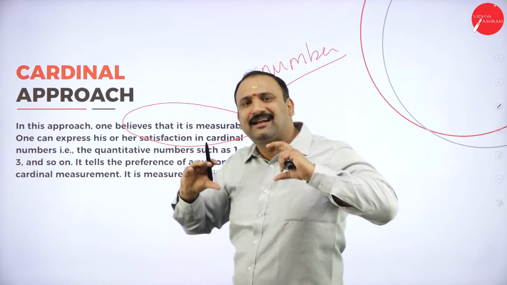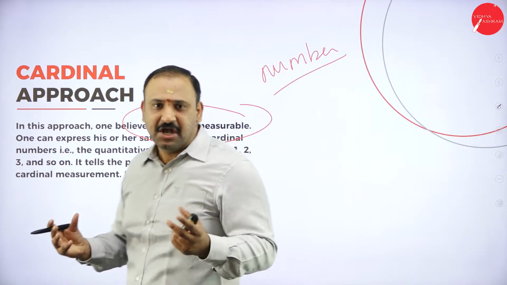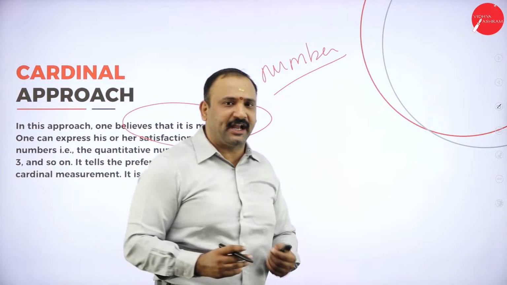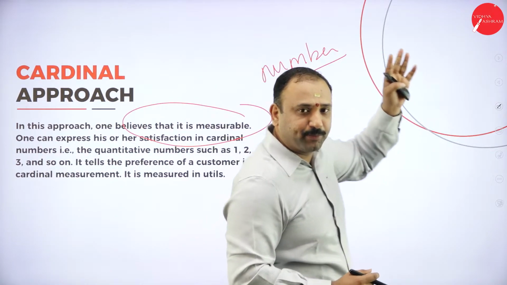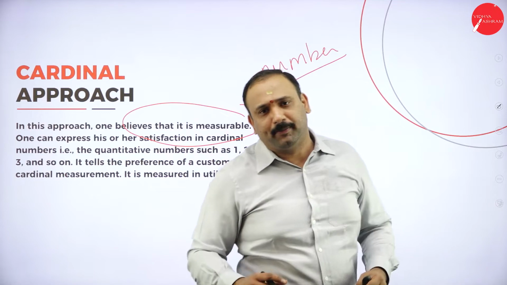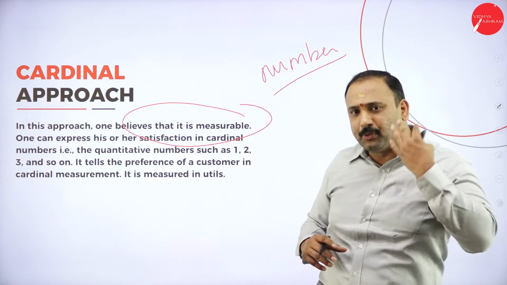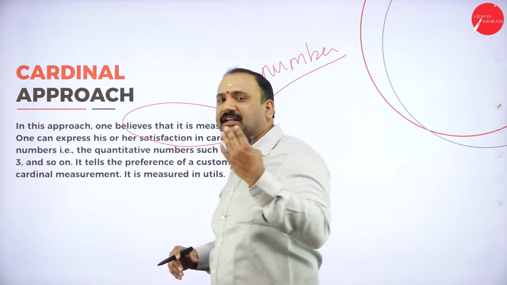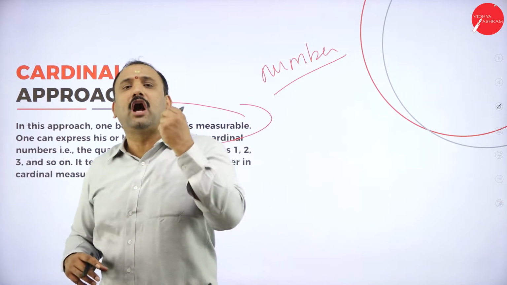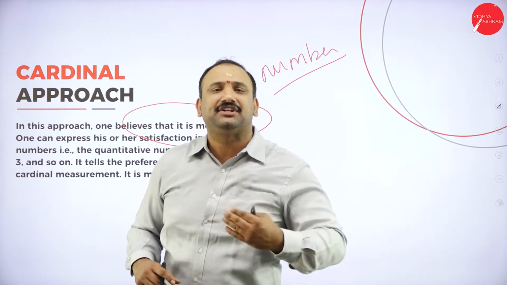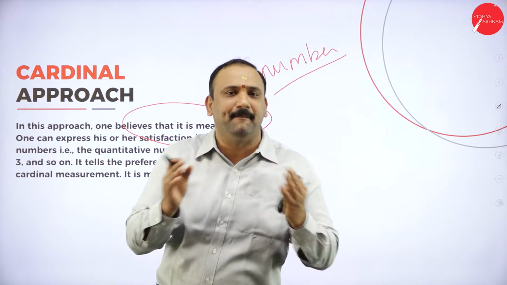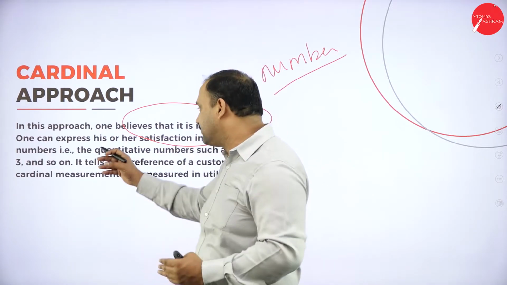Because we are all comparative personalities. The moment you look at your neighbor and say he has 3 cars, 4 bungalows, 5 automobiles, automatically you are trying to put numbers as a comparative stand. You want to count, measure, benchmark and compare using numbers. So that's very important.